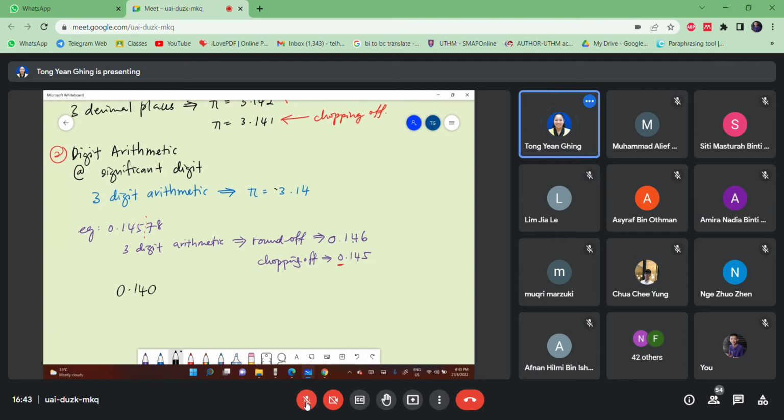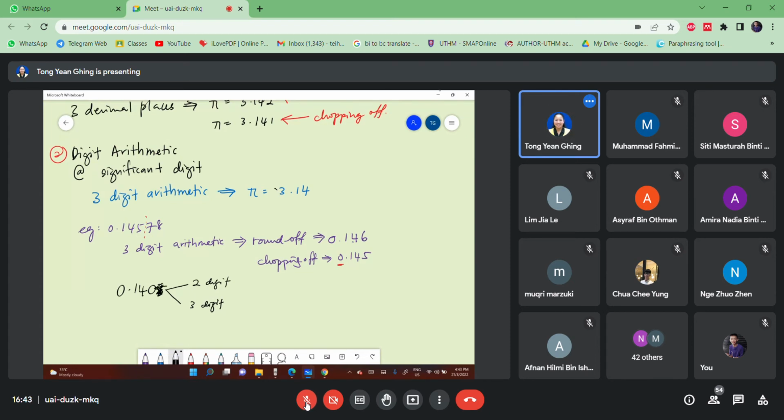Fahmi, is it 2 or 3-digit arithmetic for 0.140? 3 digit. Okay. It can be 2 digit and it can be 3 digit as well, because it can count as 2 or 3. If there is a number behind, that will be different. So this one becomes 1, 2, 3, 4 digit. But this one can be 2 or 3.